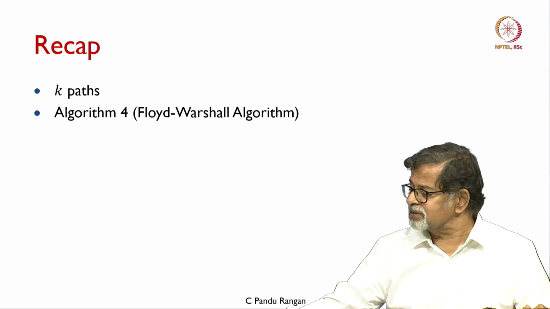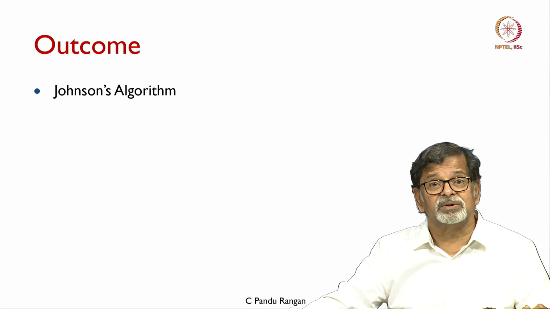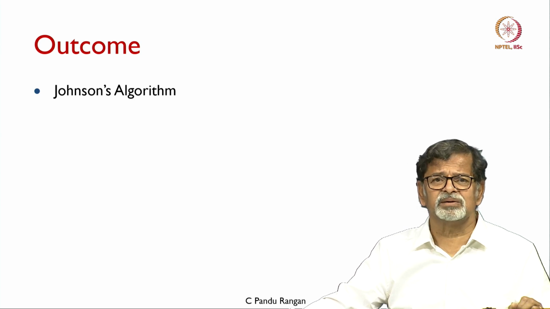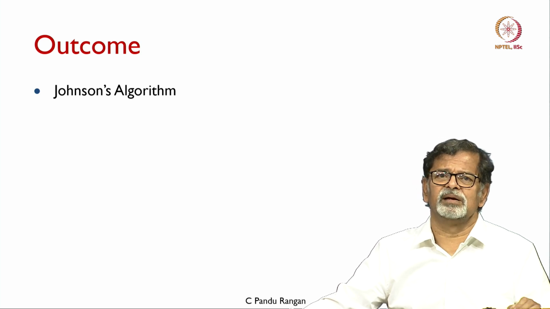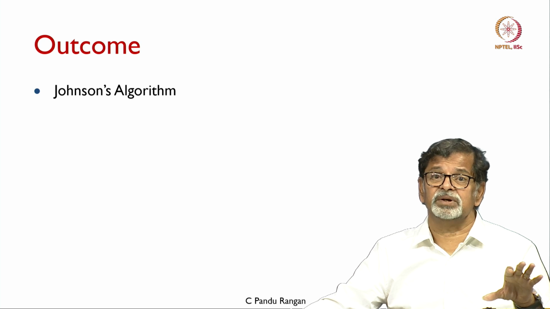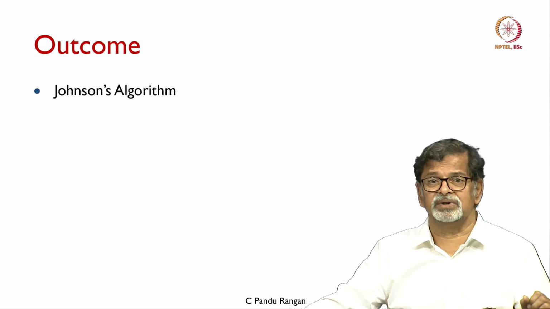That was answered positively by Johnson, and we are going to take a closer look at Johnson's algorithm. It's a very clever algorithm. It's using the existing resources in a very clever way. We know that Dijkstra's algorithm can be used only for graphs that have positive edge weights.